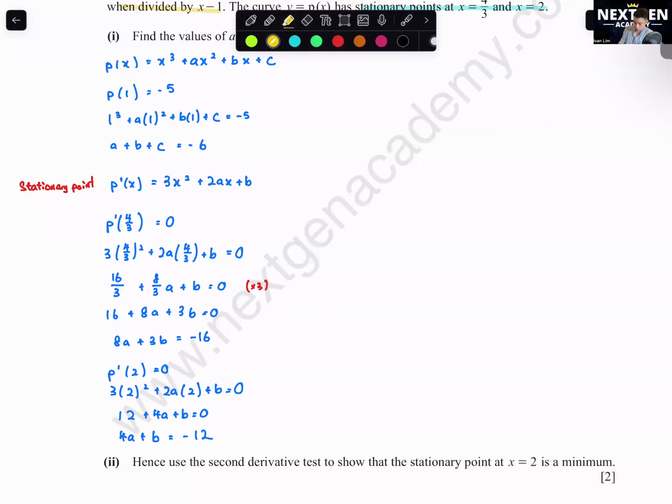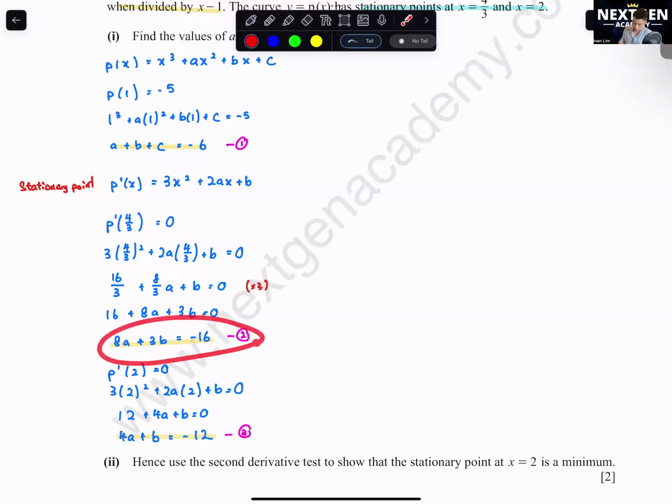Okay, so I have got 3 equations. This, this, and this. Let's call these equations 1, 2, and 3. Okay, let's see what we can do. We solve the a and b one first. These two, we can do simultaneous equations by elimination.